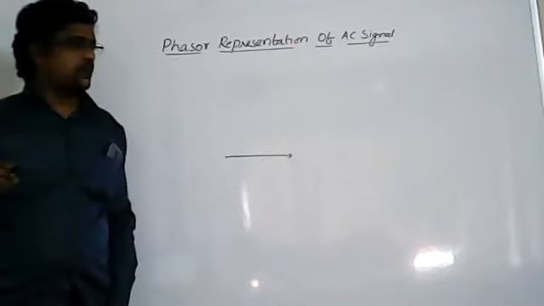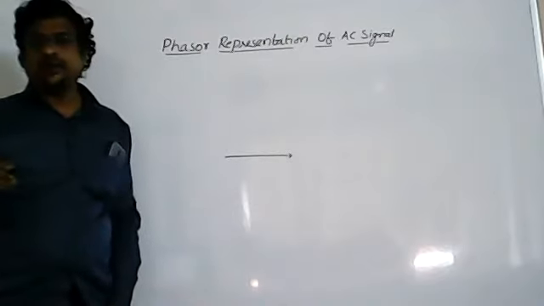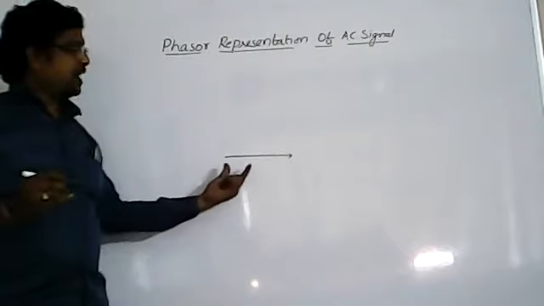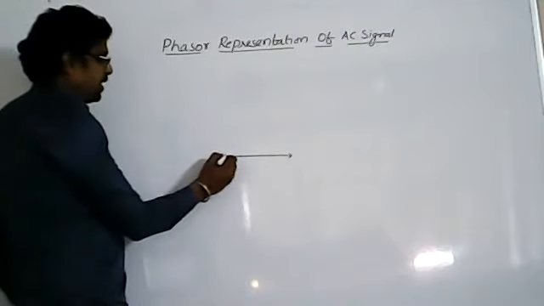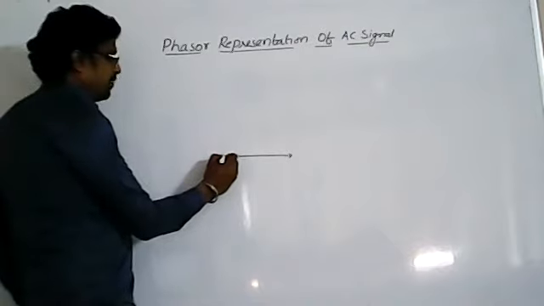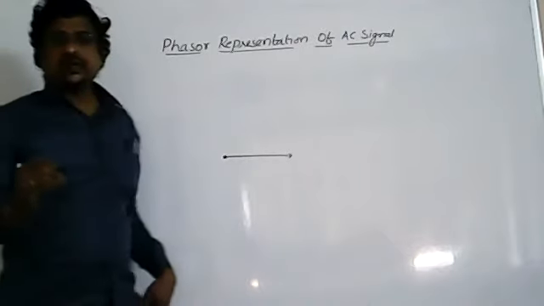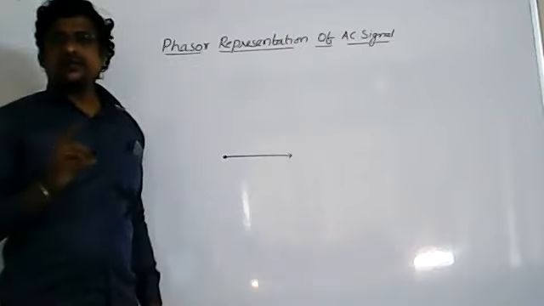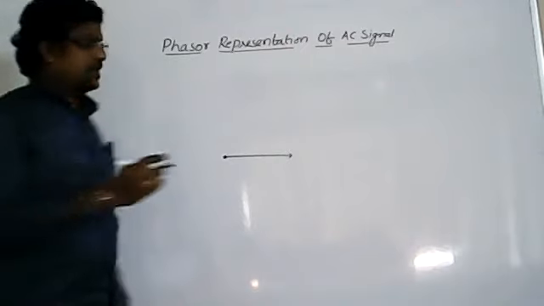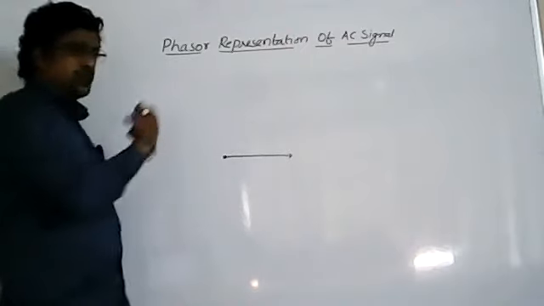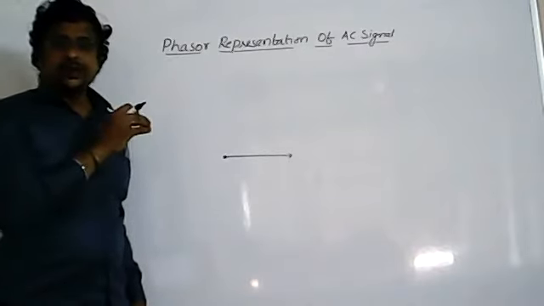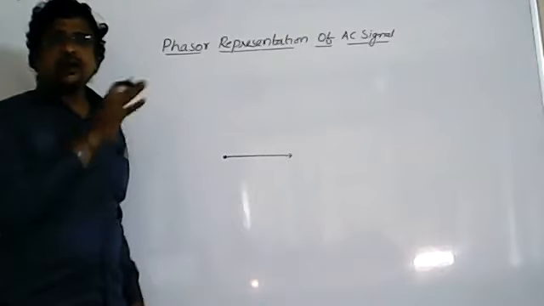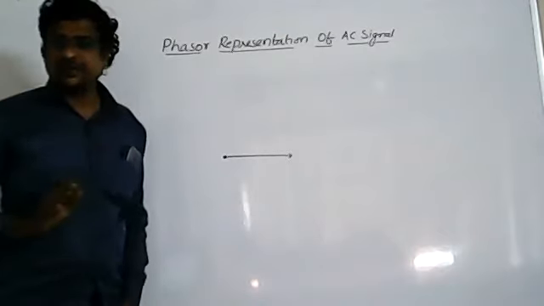A phasor is a line which is fixed at one end, and the other end is able to rotate either in the clockwise direction or anti-clockwise direction.